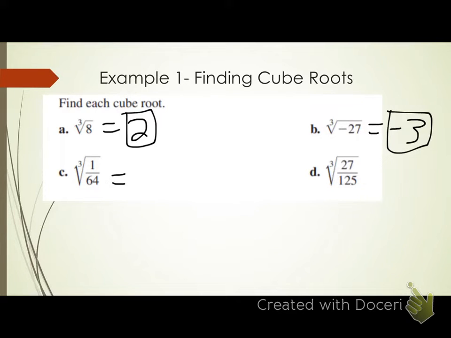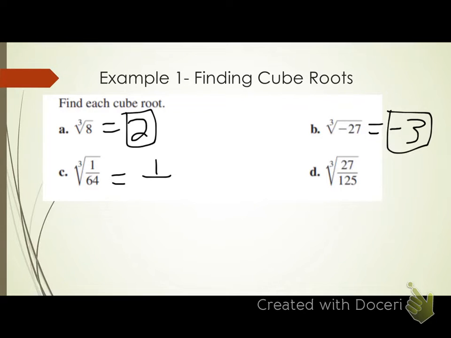Numerators times numerators, denominators times denominators, correct? So I'm looking for some fraction that when I multiply it by itself and multiply it by itself again gives me 1 over 64. So what do you think the numerator of my fraction is going to be if my numerator under the radical is 1? 1, right? Because I'm going to have to multiply 1 times 1 times 1. That's going to give me 1, right?